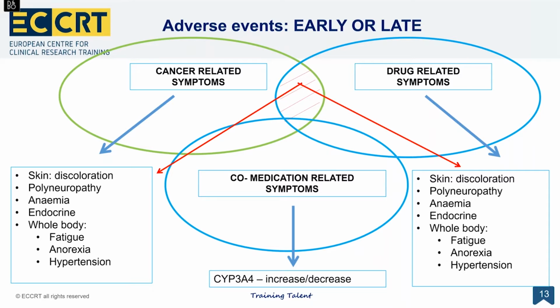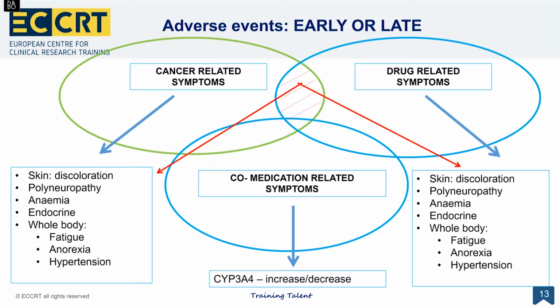In the middle, you can see that when we talk about co-medication, concomitant medication, often in protocols you can see a separate section where they talk about concomitant medication, what is prohibited, what cannot be taken. The reason why they put it there is because some drugs can increase or decrease our dose, and that can cause more side effects or cause our drug to be less effective.